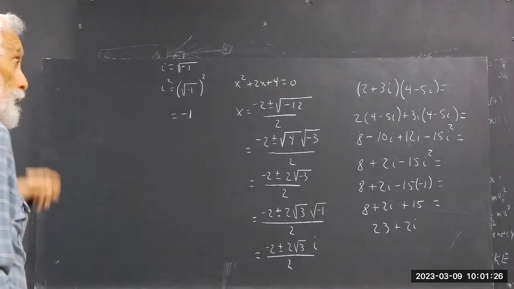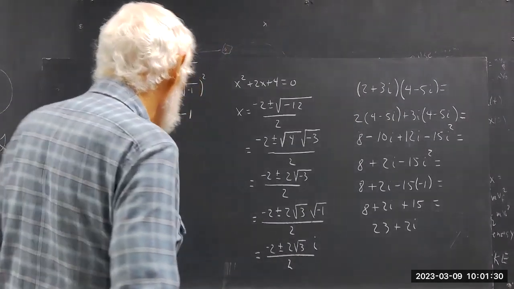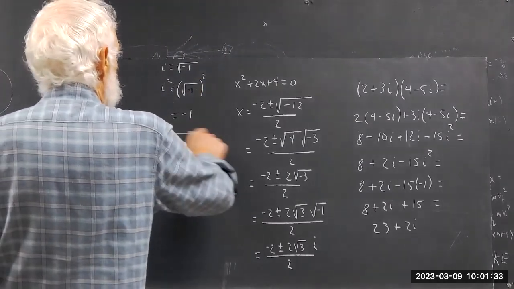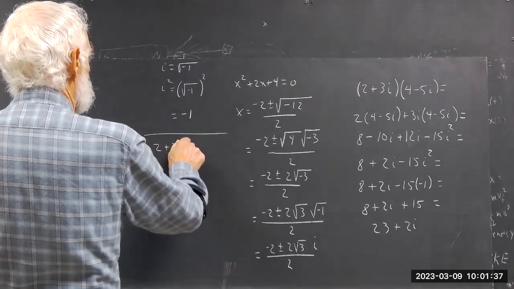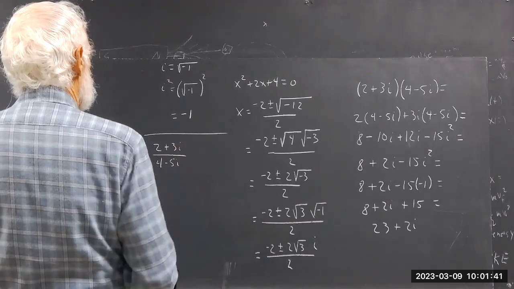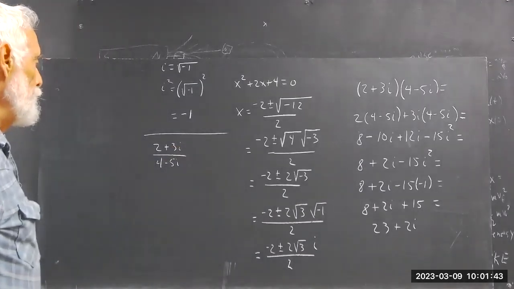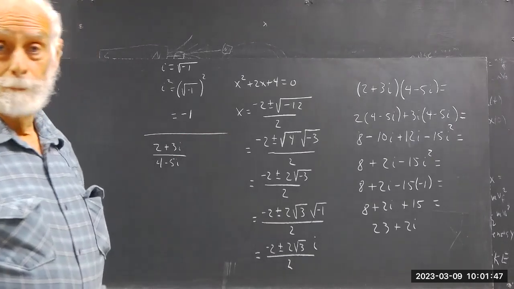Now, if you want to divide two complex numbers, that's a little trickier. Let's say we want to divide this. Which means that we want to just get this as something plus some multiple of i.